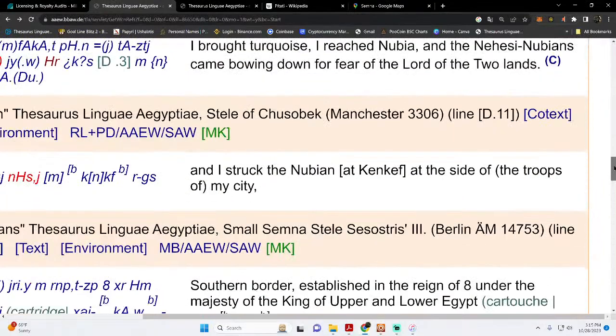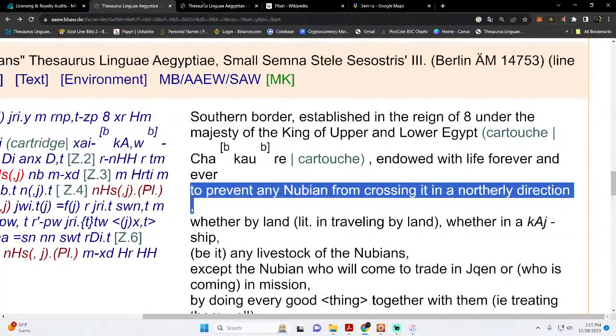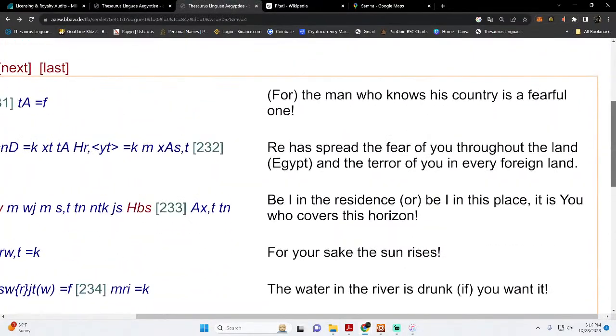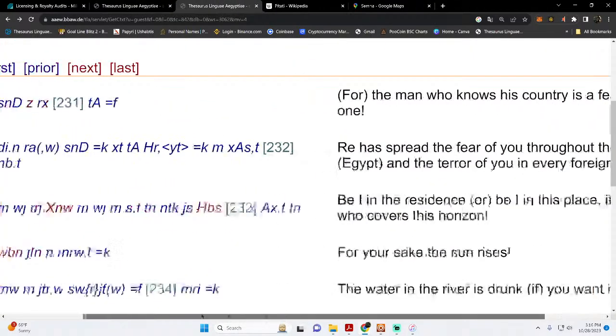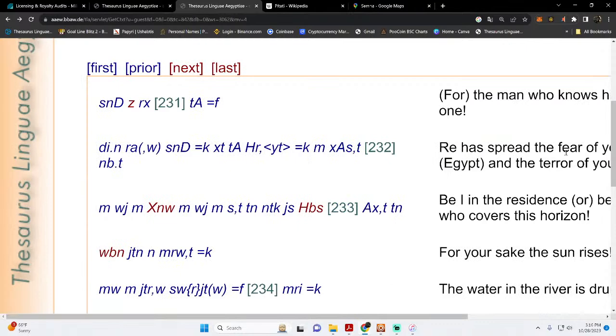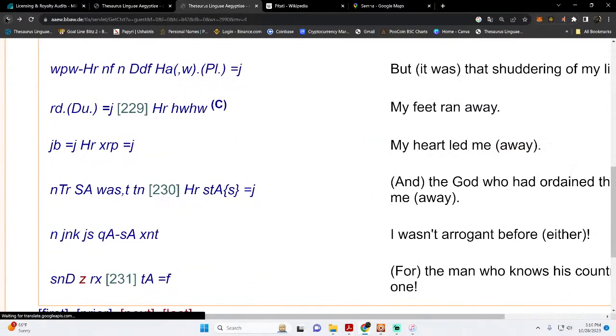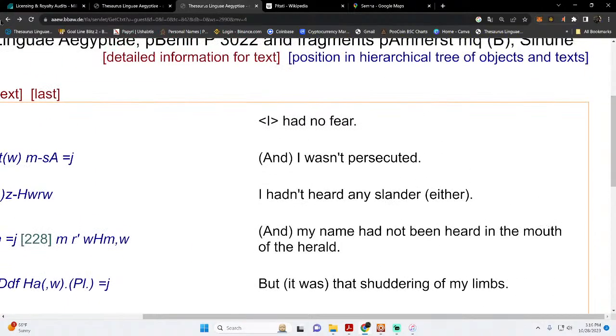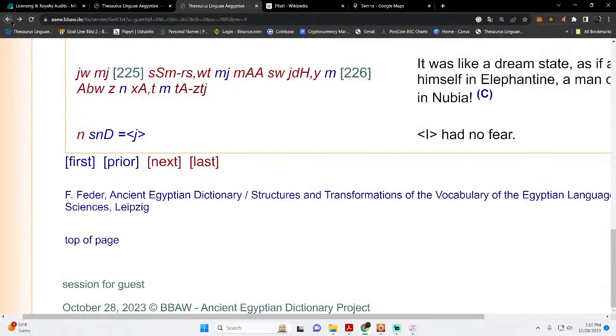Now, when I click Asiatic, I'm being fair. I'm going to do the same thing. They're going to use the first definition of Asiatic. Let's find Asiatic. This is what I'm trying to show you, the difference. Asiatic isn't giving you two options. Oh, this is the story of Sinuhe. Oh, here it go. Look. Where is it going to say Asia?